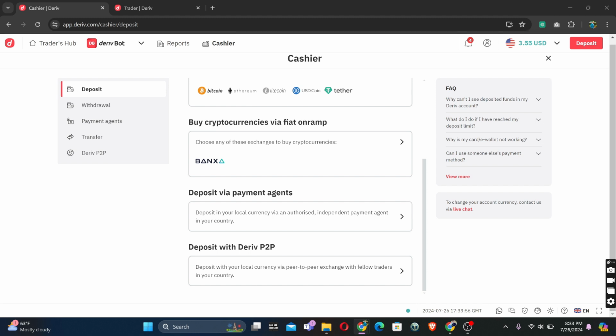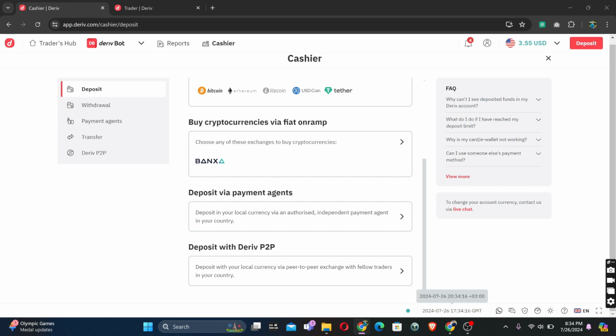I don't know whether it is the same thing nowadays, but I think it's the same thing. You need a balance of more than $3,000 in your account to be a payment agent. If you want to withdraw still using the payment agent, make sure that you contact the payment agent, maybe if you are in Kenya.